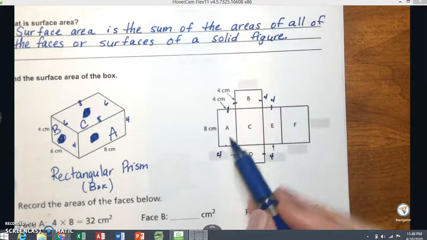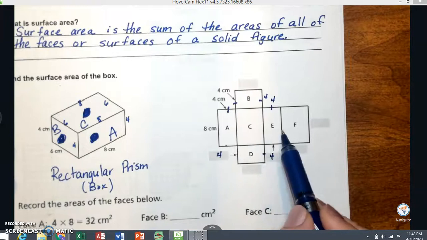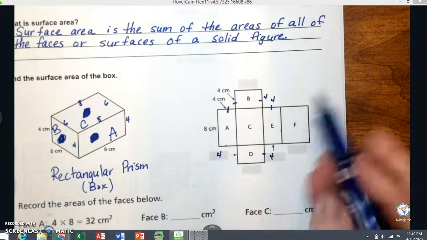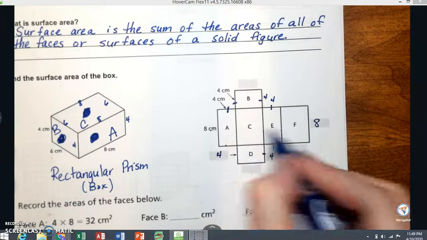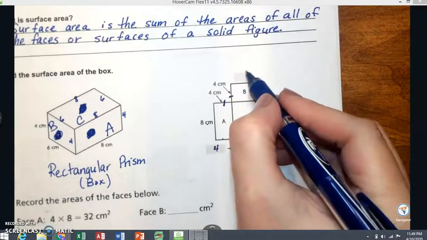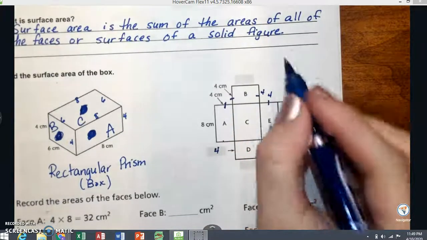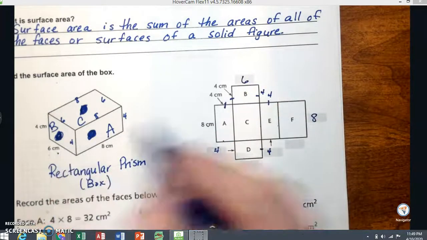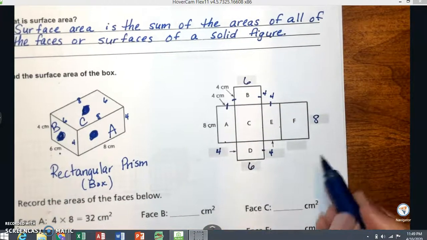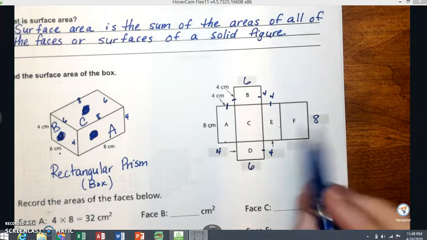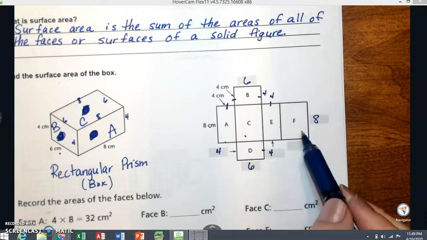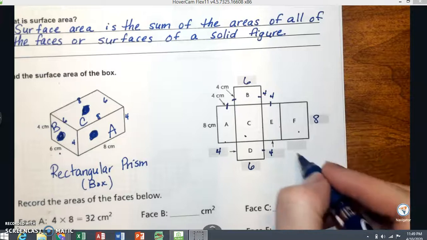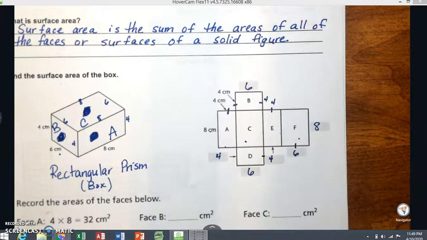Okay, that also means that every one of these would be 8 because they're all the same. So all the way across there is 8, and that means that all these straight across would be 6 for right here. Then I've got this one right here that I haven't filled in yet, because these, notice C and F are the same size, so that means this right here would be 6 as well.